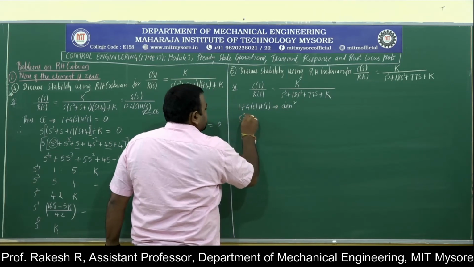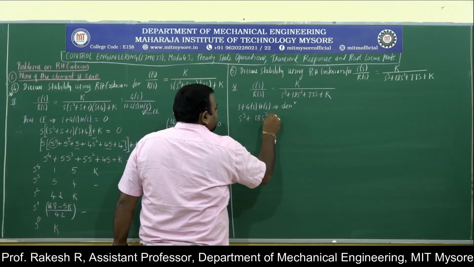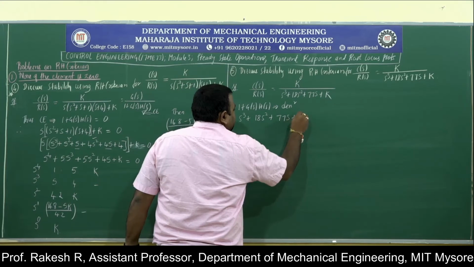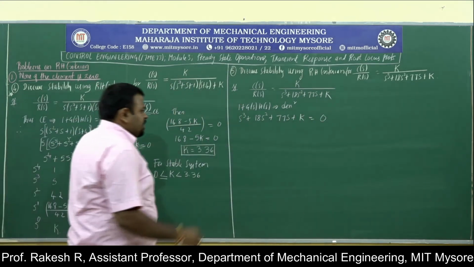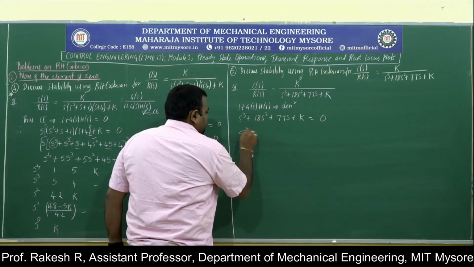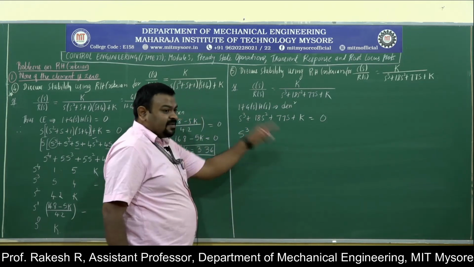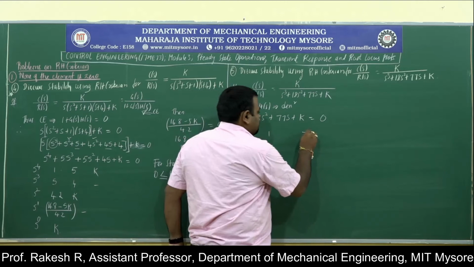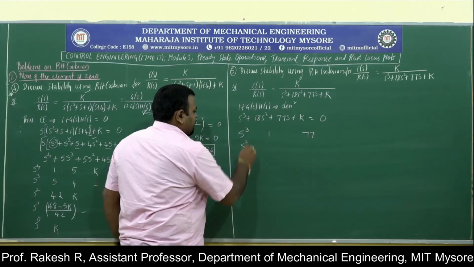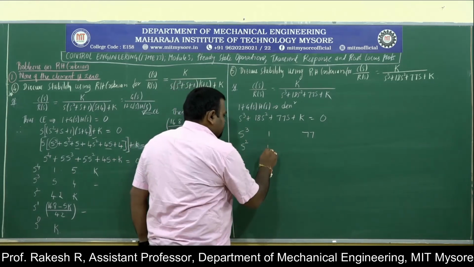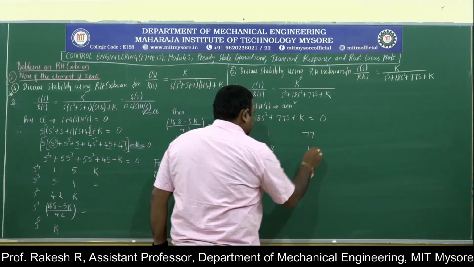So s cube plus 18 s square plus 77 s plus k equal to 0. Let us write the Routh array. s cube: 1, 77, since it is a k, I will give some space. No s to the power of 0 term. Then s square: 18 and k.